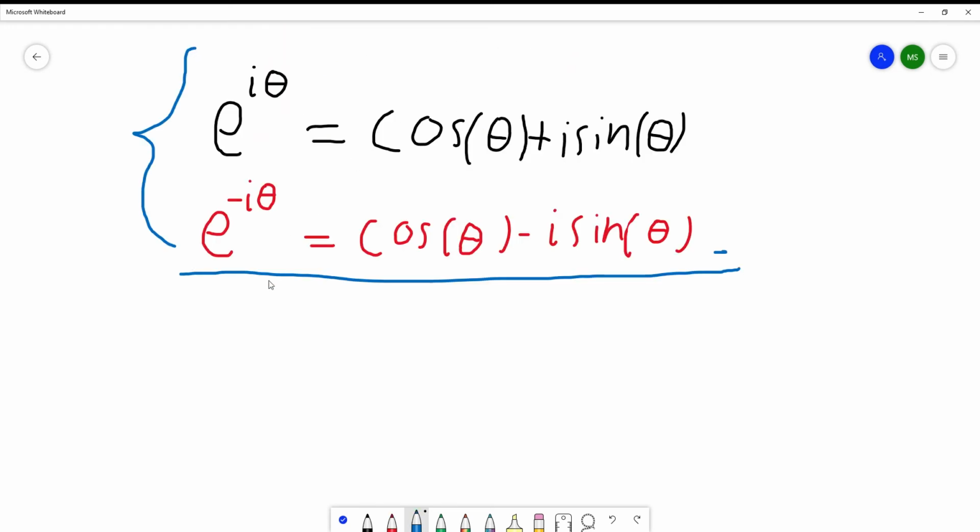Now we've got two different equations, we can subtract them from each other. So this is e to the i theta minus e to the negative i theta. If we subtract cosine from cosine, that will be 0.